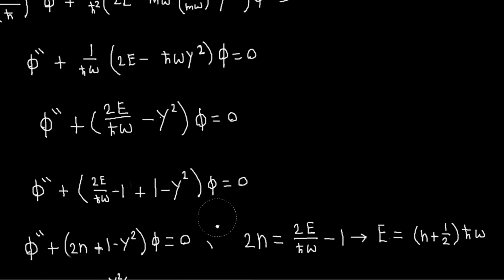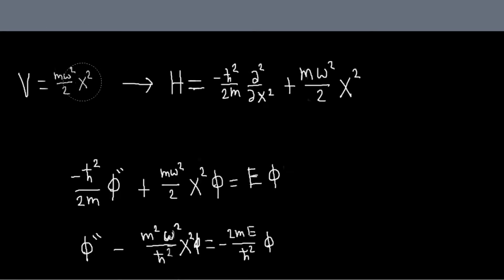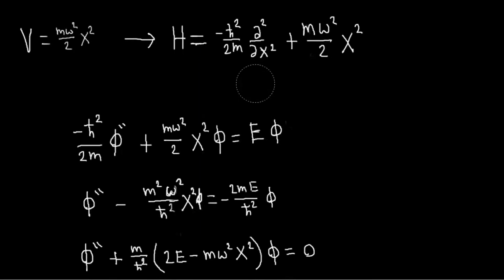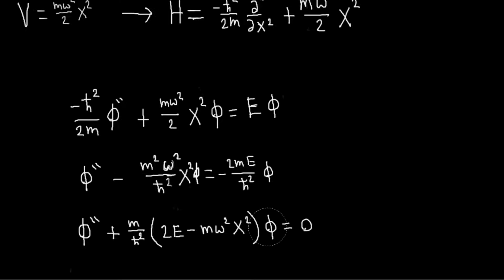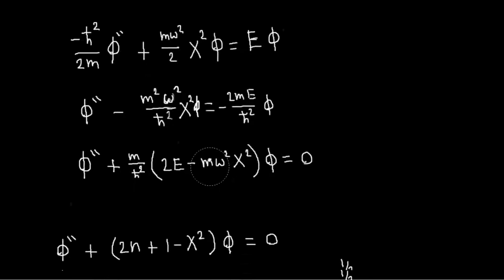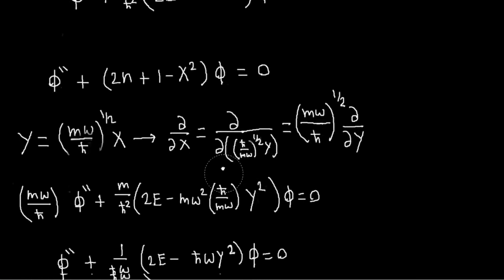So again, what we've done is we've plugged our simple harmonic oscillator potential into our Hamiltonian, and then reduced our Hamiltonian eigenfunction equation to the Hermite differential equation, whose solutions are known.